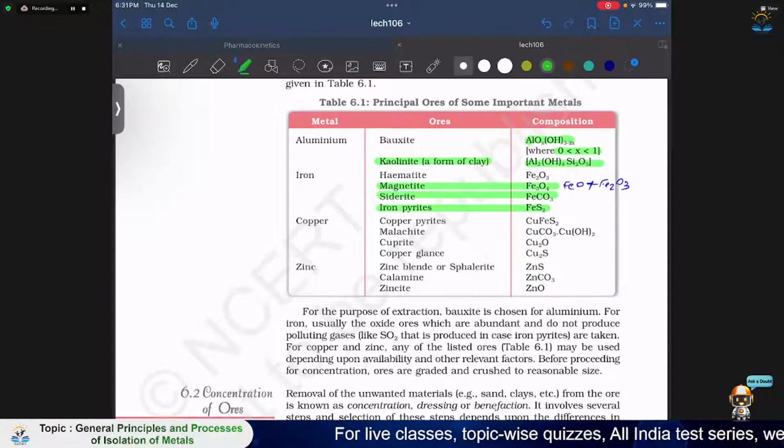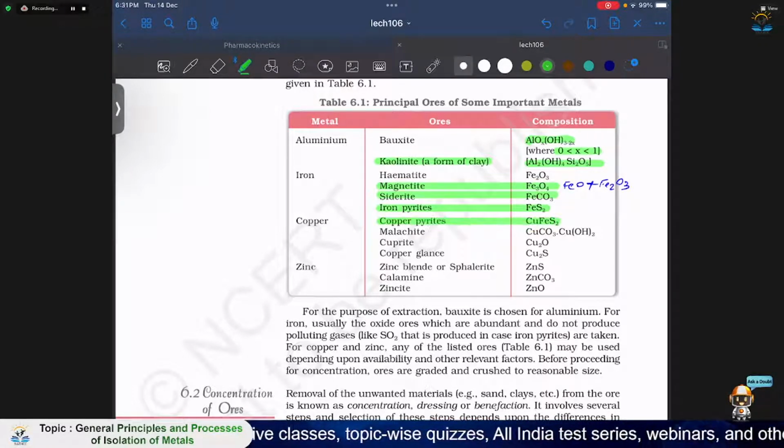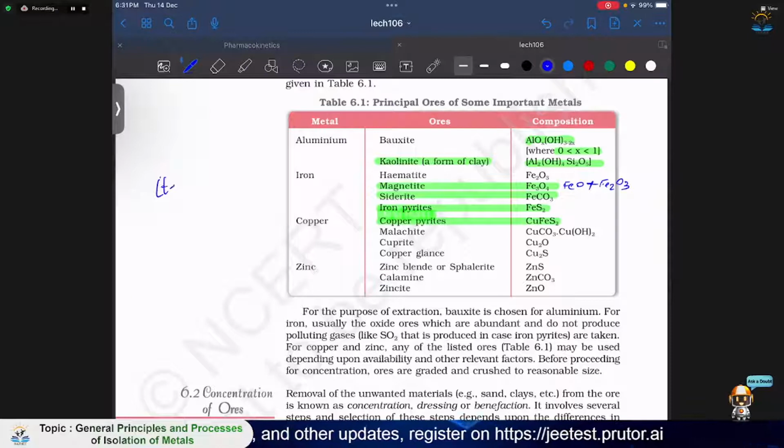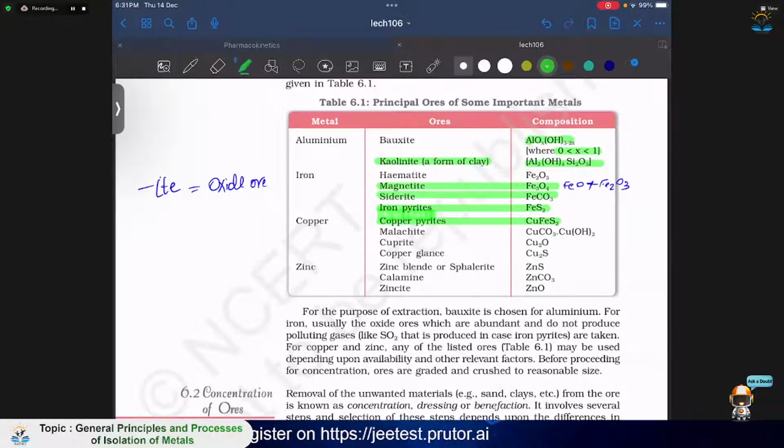Next, copper. Copper occurs as copper pyrites. You can see the similarity between iron pyrites and copper pyrites. In iron pyrites, there is no copper, but in copper pyrites, there is iron. Malachite, everyone knows. Cuprite, everyone knows. The suffix ite usually means an oxide ore, for example hematite, magnetite, cuprite, zincite.